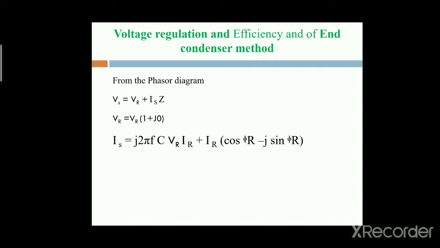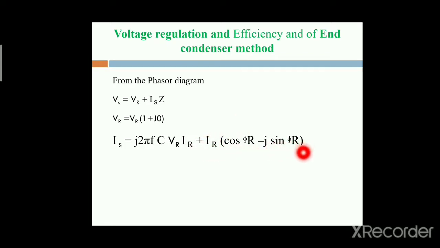Then we write down the sending end current, that is IC plus IR. What is the formula for IC? IC is equal to j omega C VR. What is the value of omega? 2 pi f. So IC is j 2 pi fC VR, plus IR into (cos phi R minus j sin phi R).